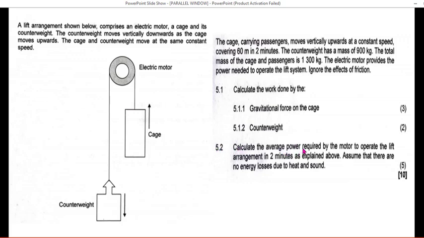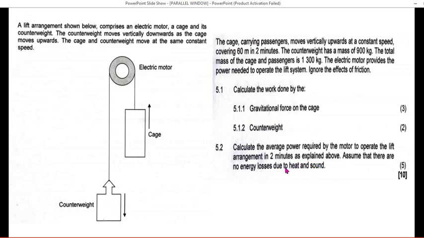Then we go to the third question, which is 5.2. Calculate the average power required by the motor to operate the lift arrangement in 2 minutes as explained above. Assume that there are no energy losses due to heat and sound.